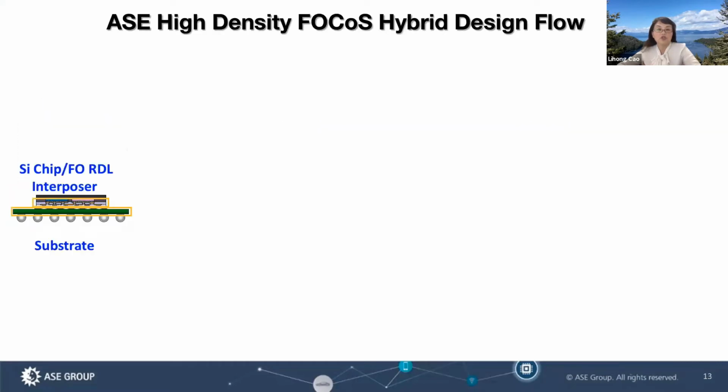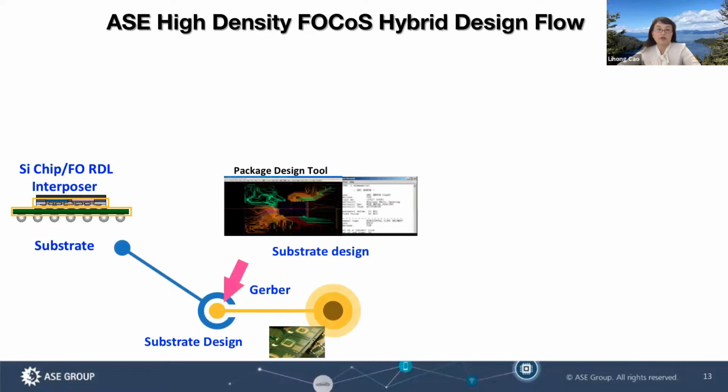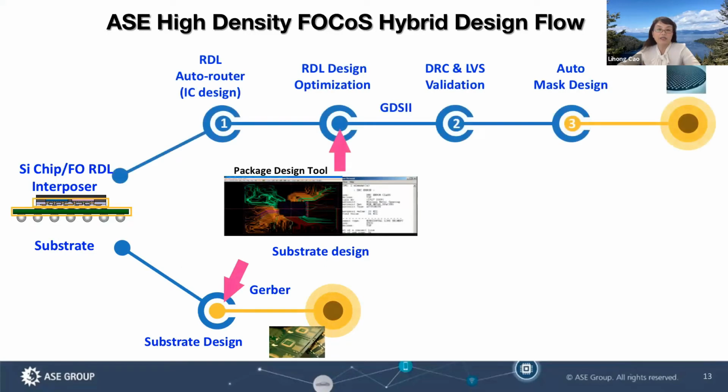Here, just to show one example of our high-density focused hybrid design flow. For the substrate design, we will use the conventional package design tool to yield Gerber file. For Fanout RDL design, we will use the IC design tool to do the auto router.